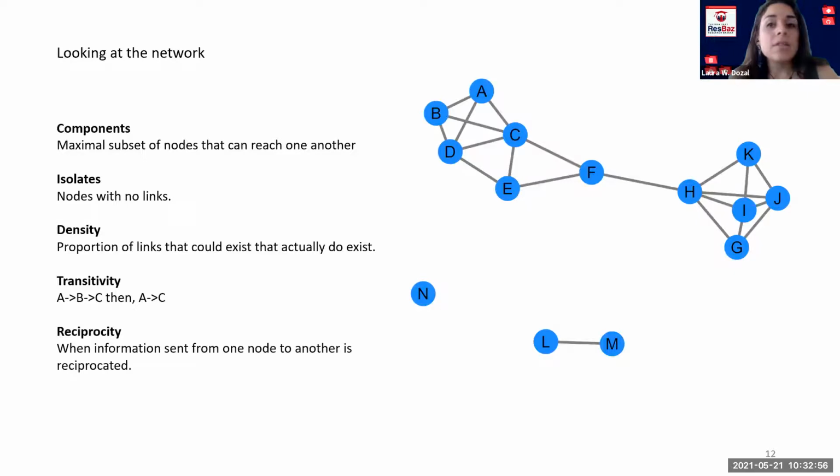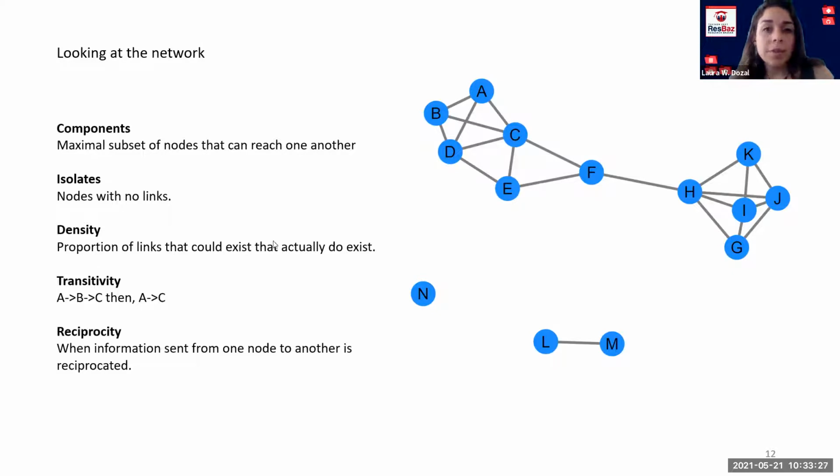Okay, while looking at the network, there is some vocabulary and some concepts to take with you while you analyze your data. Components are minimal subsets of nodes that can reach one another. So it's a very basic type of subgroup in a network in which all nodes are connected directly or indirectly.